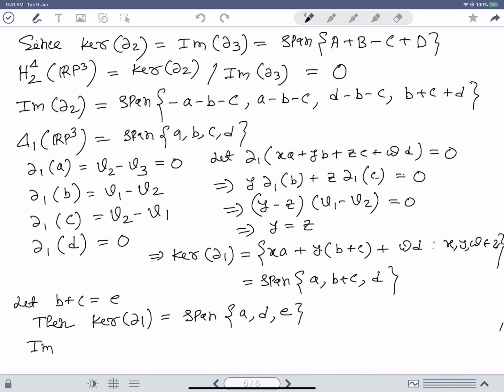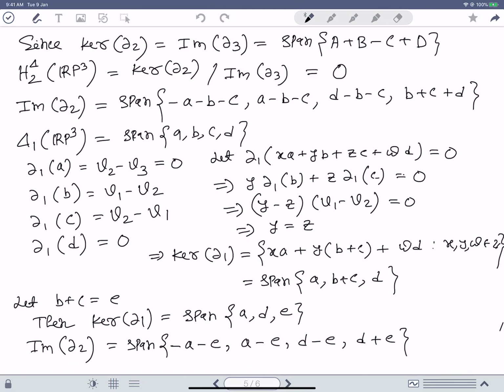And image of del 2 in terms of a, d, e, it will be span of minus a minus e, a minus e, it will be d minus e and d plus e. Okay.